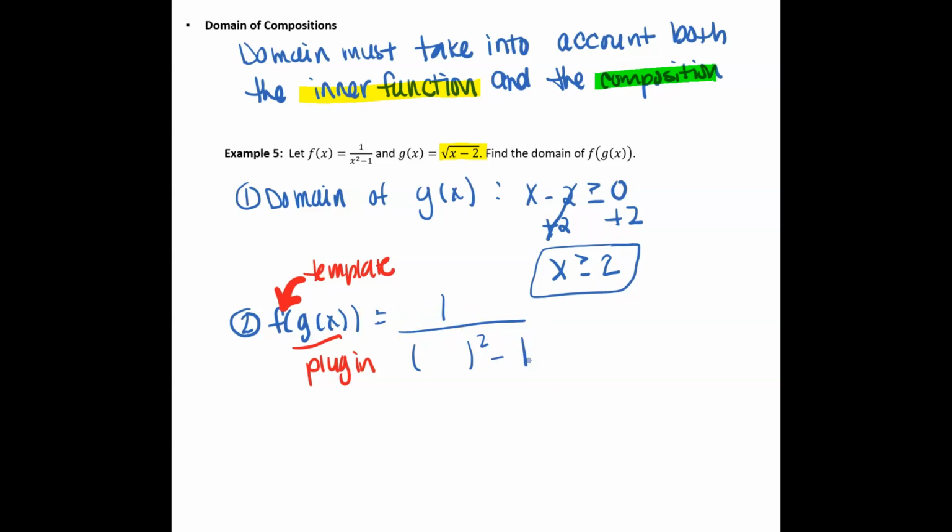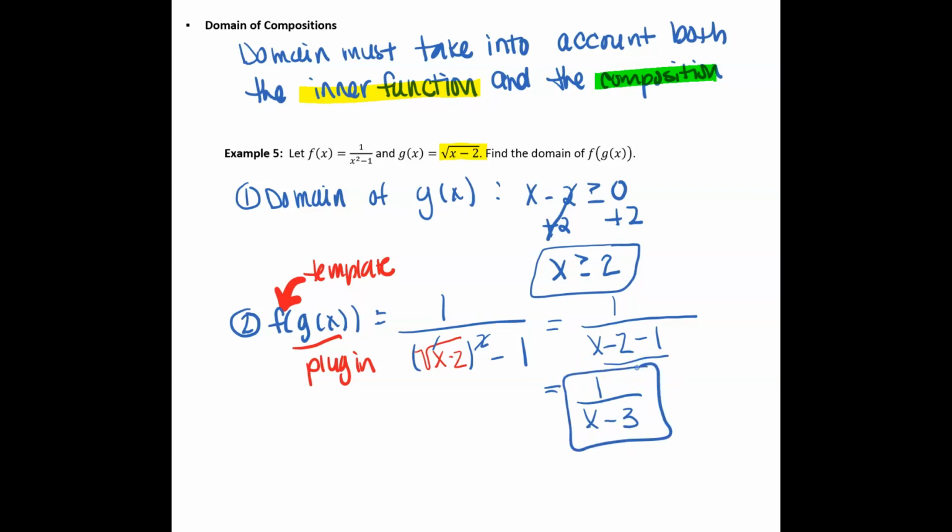I just rewrote my f function with blank parentheses anywhere I had an x. And then I'm going to take my g function, and that's my plug-in. And so I'm going to put square root of x minus 2 here. Now in this one, I do have some algebra I can clean up. And so this gives me 1 over, the square and the square root will cancel each other to give me x minus 2, minus 1. Combine those together, and that gives me 1 over x minus 3. So this is my combination of those functions.